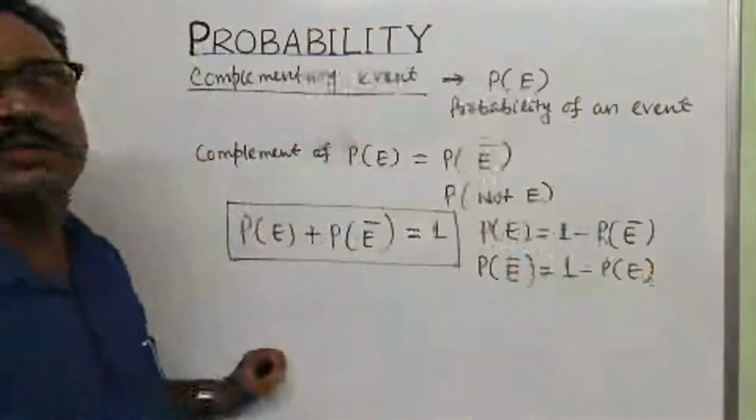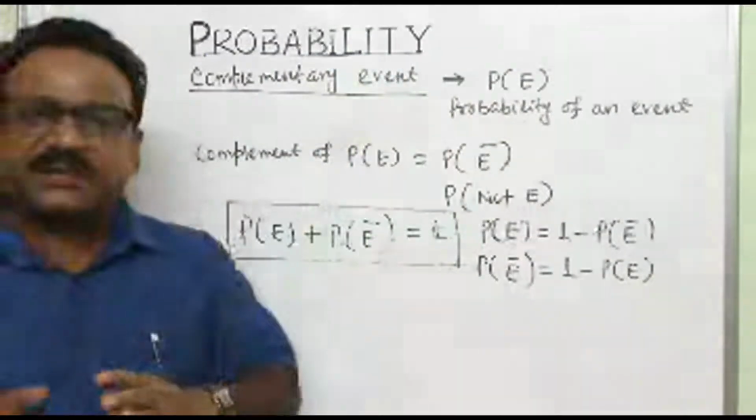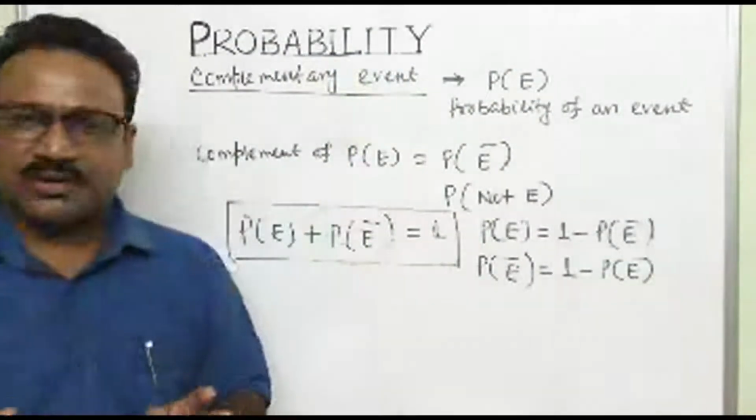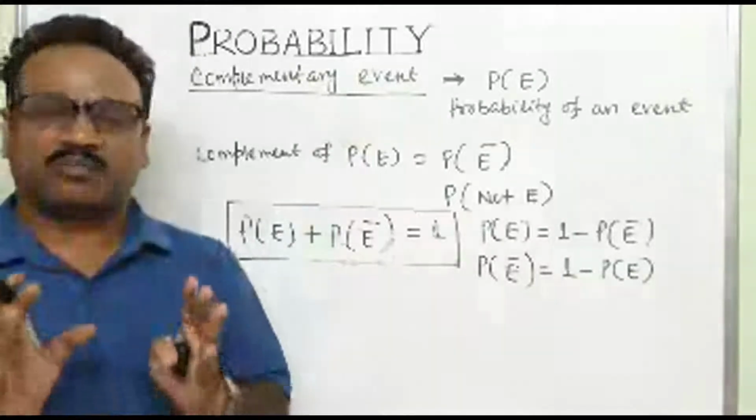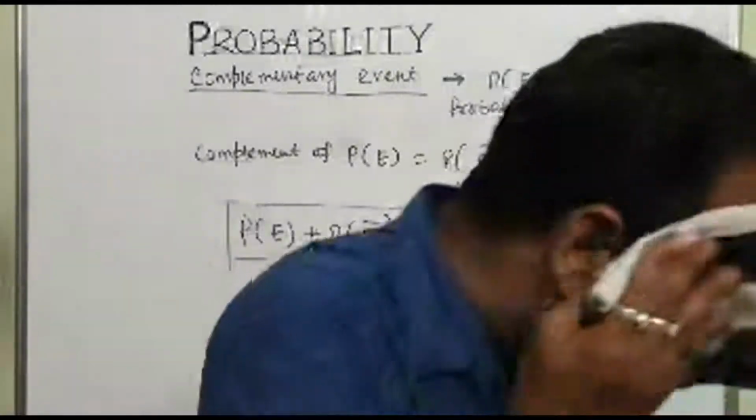So this is the method of getting the complementary event if the event is given, or finding the event if the complementary event is given. Okay. So now see the example.